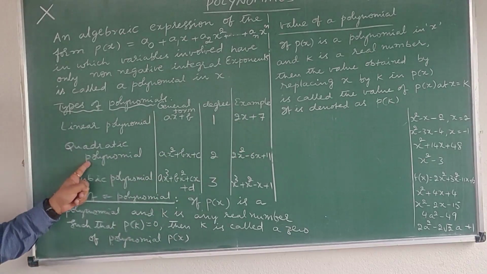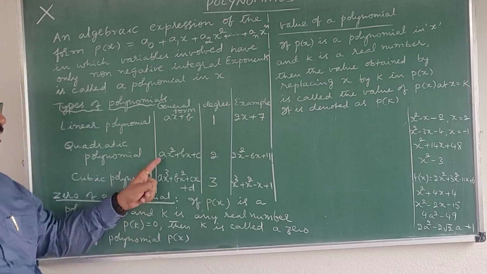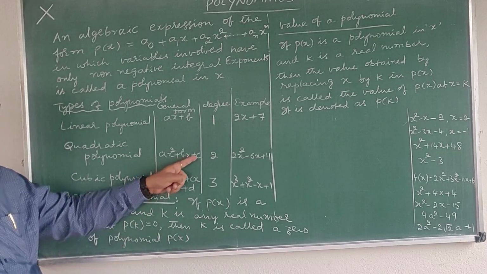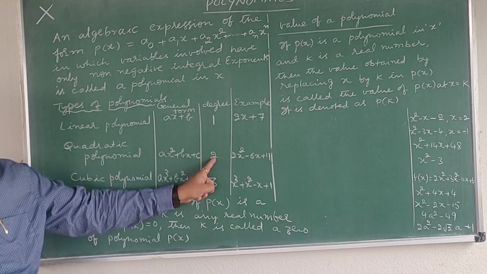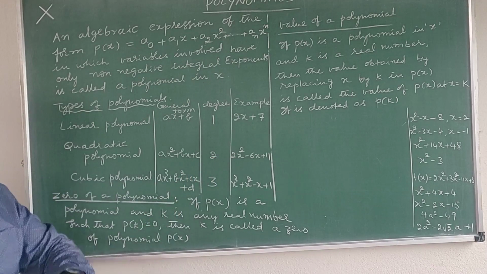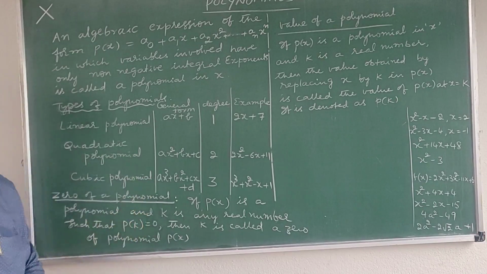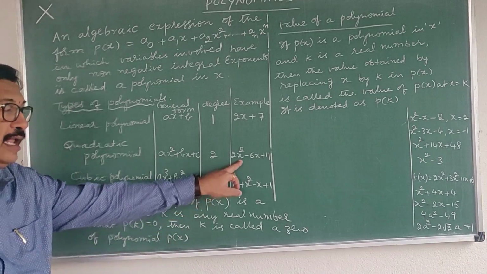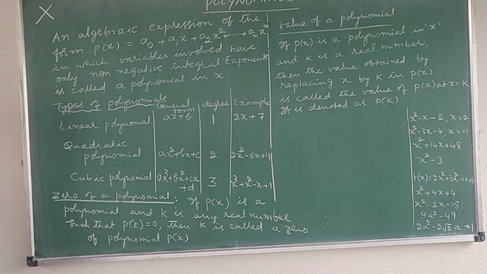Then the quadratic polynomial. What is the general form of a quadratic polynomial? ax squared plus bx plus c, we say it is a second degree polynomial. If the highest power of the variable is 2, then it is called a quadratic polynomial. Example, 2x squared minus 6x plus 1.